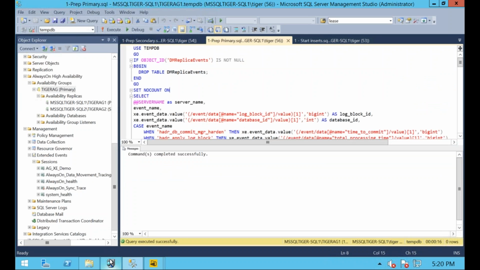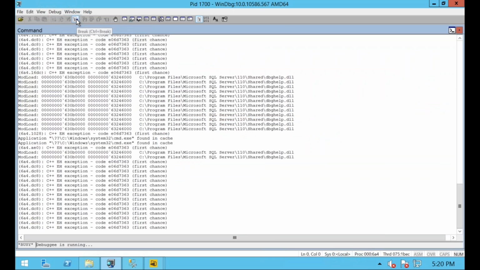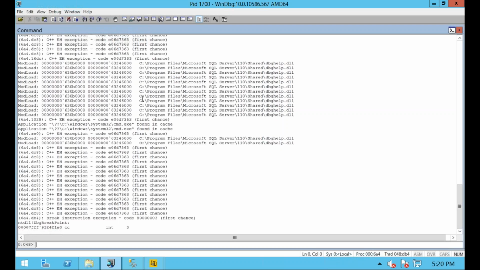So what I'm going to do is simulate the lease timeout. I am going to connect to a Windows debugger, and I'm going to pause my SQL Server process, which is process ID 1700. Once I pause the process, when the lease check comes in, it's not going to be able to find an active connection because the SQL Server process has been paused under a debugger.